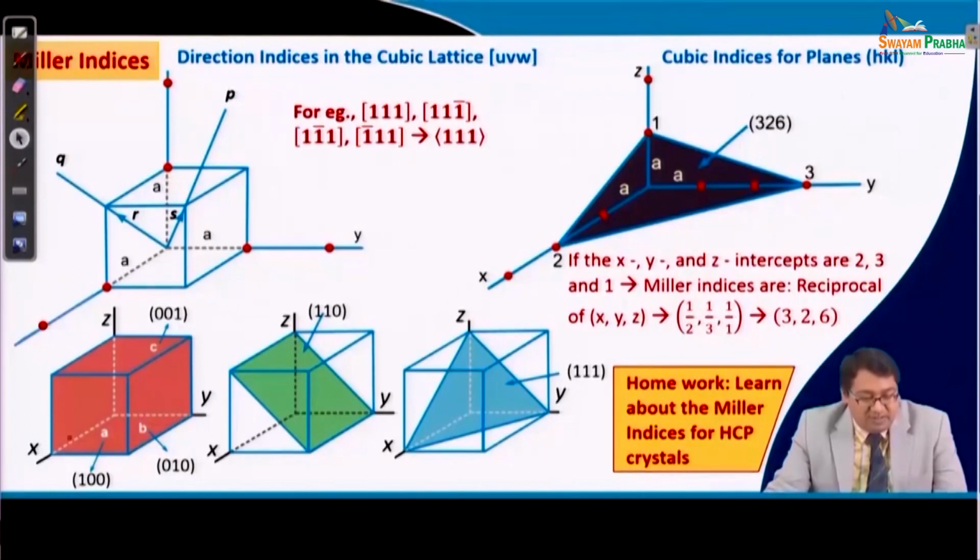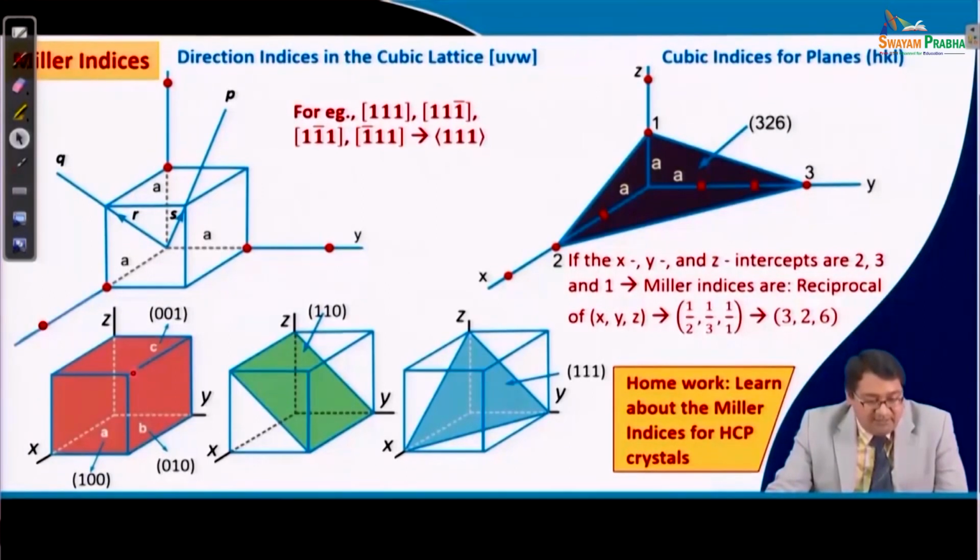If we look in the below figure, we have shown that with respect to the x axis, which has a direction 1 0 0, the plane A, which is basically this plane, has the Miller indices of 1 0 0. Why? Because it is perpendicular to the direction 1 0 0. So, the plane with Miller indices 1 0 0 has the direction 1 0 0 perpendicular to it.